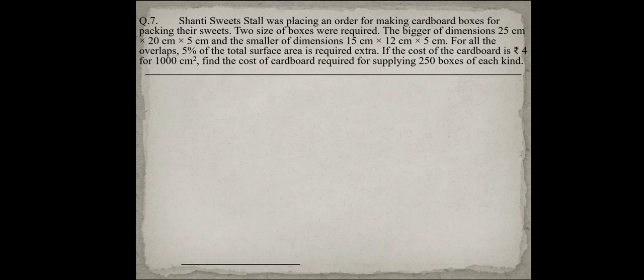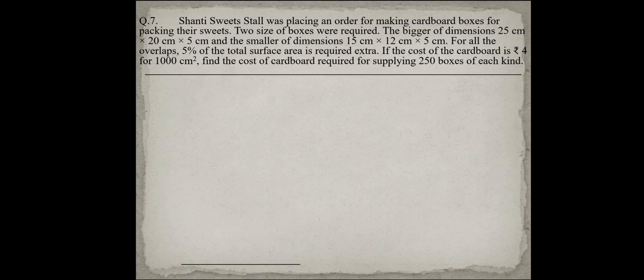I think everyone has seen sweet boxes, one smaller, one bigger. When the shopkeeper wants to pack around 1 or 2 kg, he uses bigger boxes. Whenever he wants to give you around 250 grams of sweets, he uses a small box.